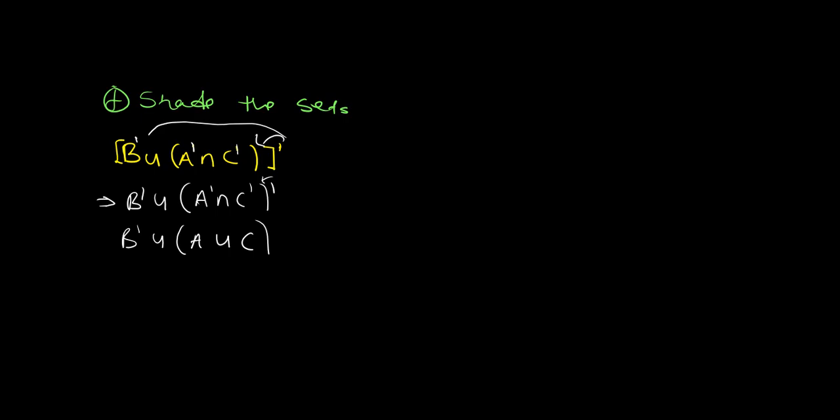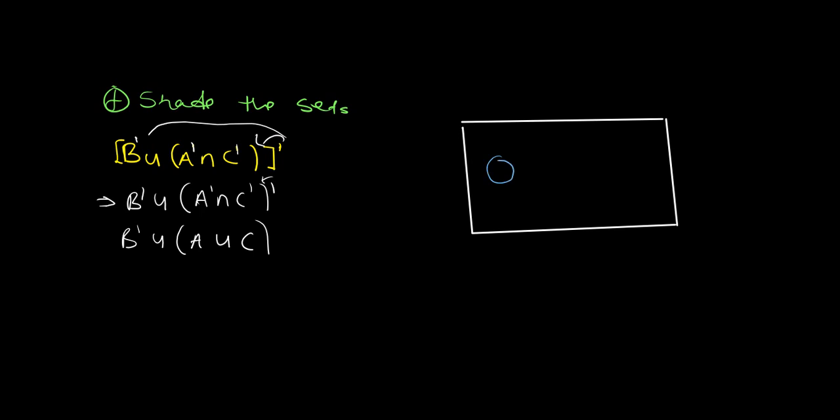We are going to draw the universal set like that. So we have, let's say, set A. So that's set A, set B, set C like that.